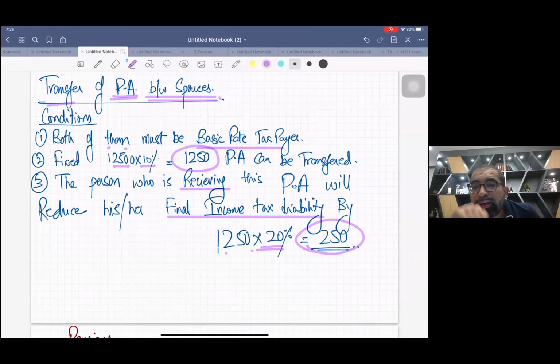He or she will get the relief. How will he or she get the relief? By deducting the net tax benefit of this. See, 20% because they are basic rate taxpayers. So 1250 times 20%, in the end you can deduct 250 from final income tax liability.